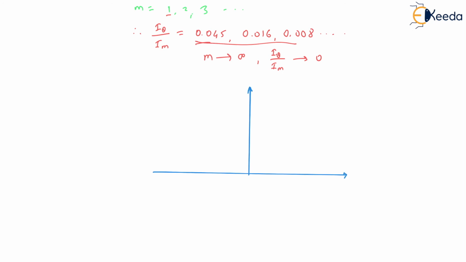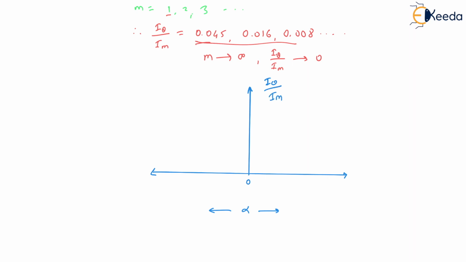Suppose this x-axis represents the angle alpha on both sides. Suppose this is the starting point, where the angle is 0, and let the y-axis represent the value of I theta upon Im.